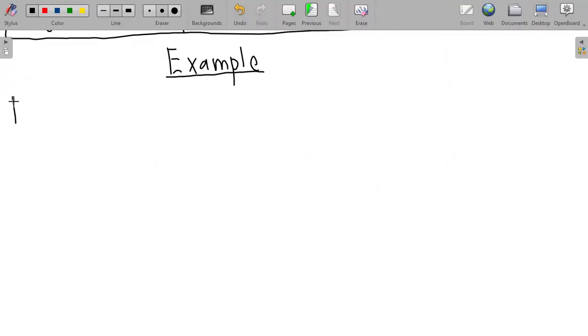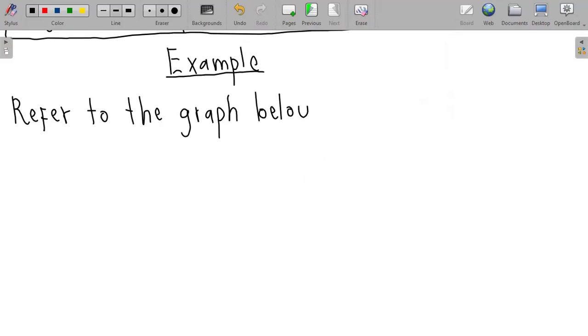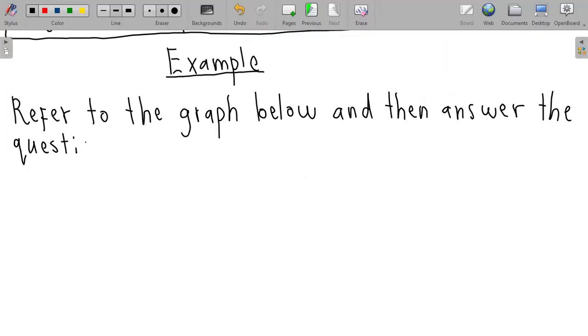Refer to the graph below and answer the questions that follow.